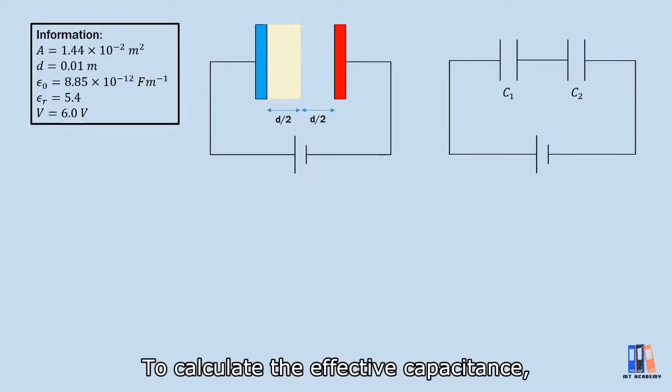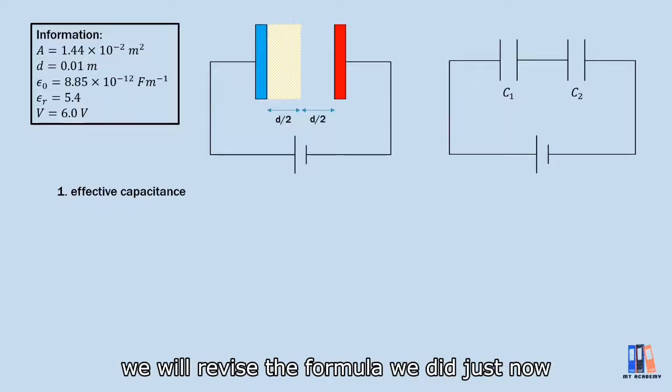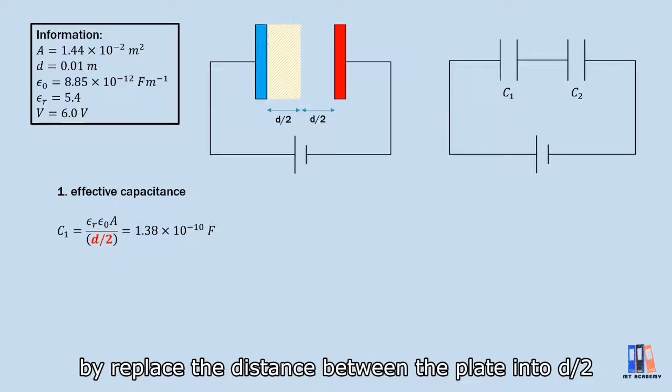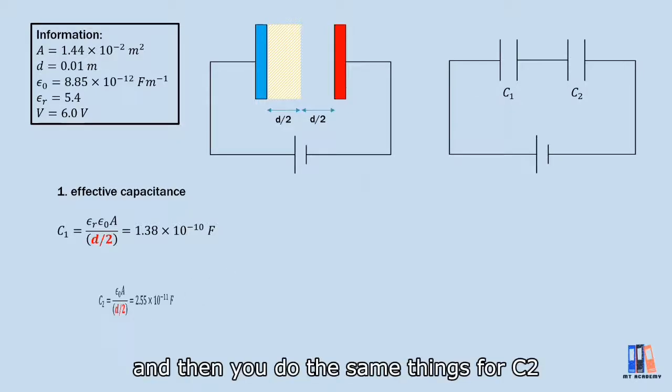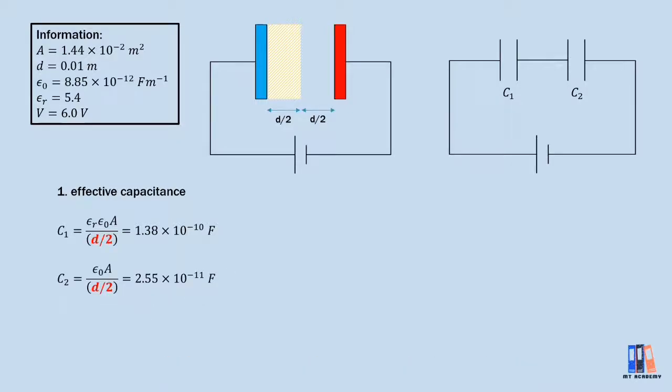To calculate the capacitance, we revise the formula as we did just now. Replace the distance between the plates with d over 2, and you can get the value of the capacitance for C1. Then you do the same for C2.